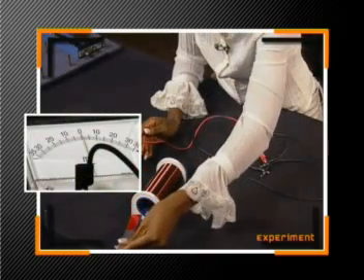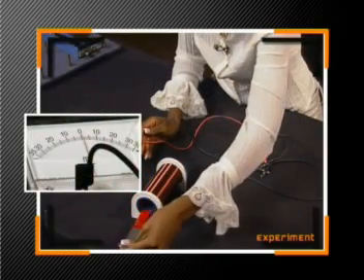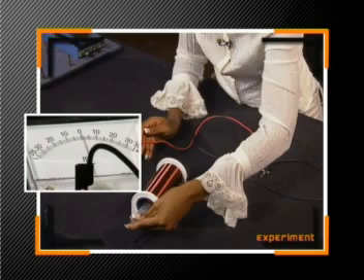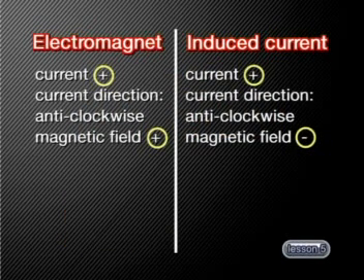Watch what happens to the needle of the ammeter. Hey, the needle moved to the right, indicating that a small positive current has been induced in the coil, and then the needle returned to 0 when the magnet stopped moving. Let's compare what happened here with what happened in the electromagnet.